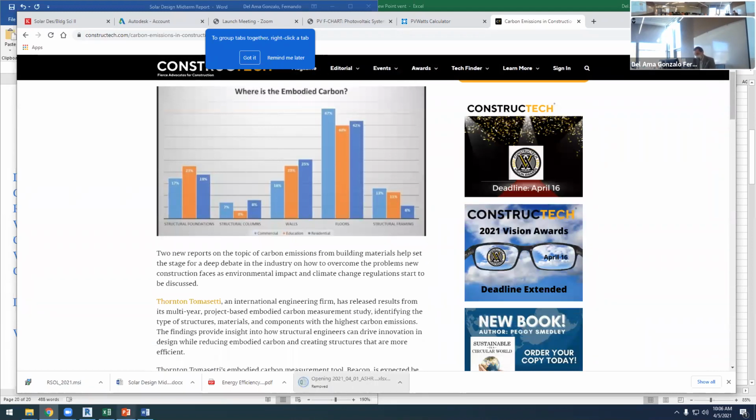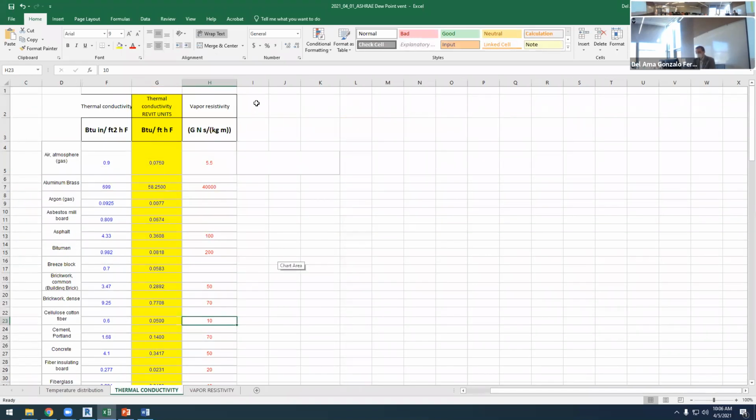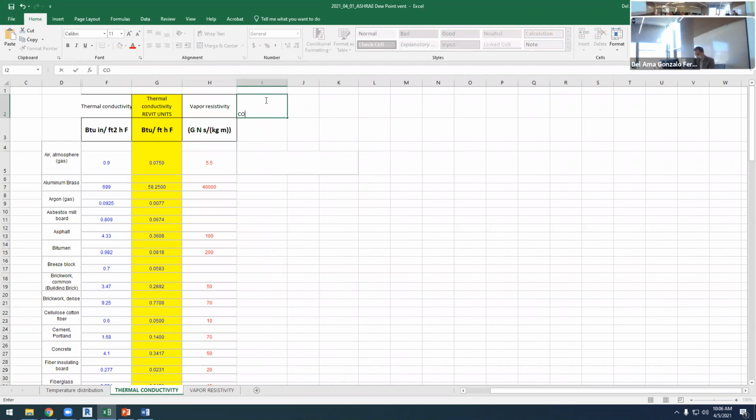So by next year, I'm going to create a new column here, which is the global warming potential, or the CO2 equivalent emissions.